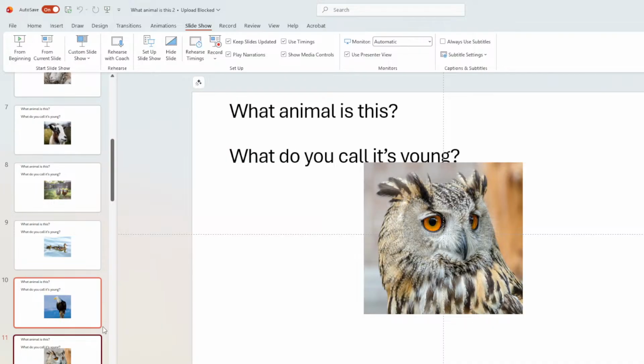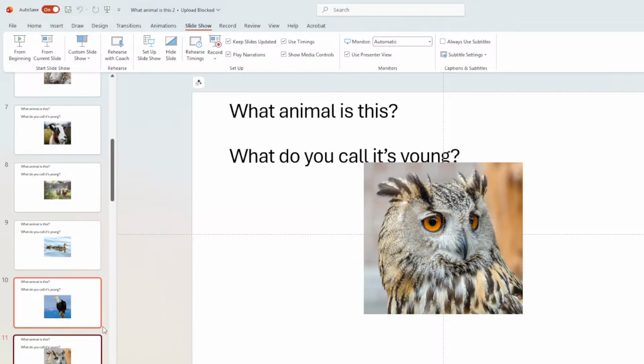What type of bird do you see there? What do you call that bird?